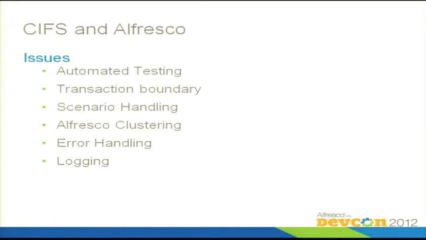The second issue that you may have had, if you used CIFS in older versions, is that transaction handling was a little bit strange. The transactions were managed by JLAN in older versions, which could mean in certain circumstances we had so-called leaking transactions.